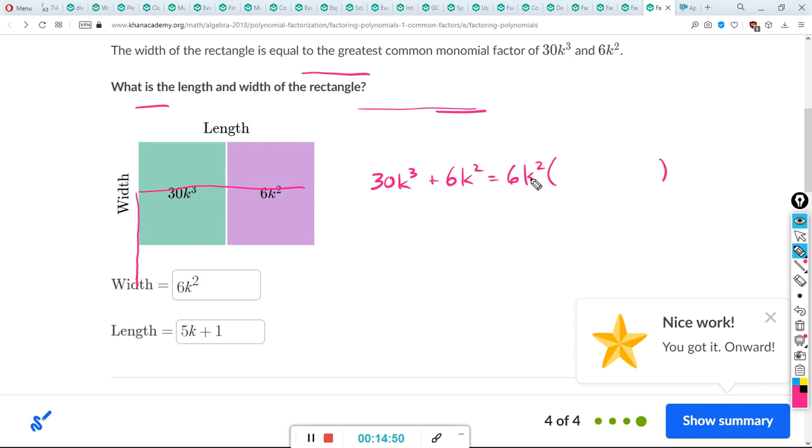And you'll say 6k squared times what will give me 30k to the third? Well, that's going to be a 5k, because 6 times 5 is 30, and k squared times k is k to the third. And you can also say 6k squared times what will give me 6k squared? Well, of course, that's just 1, because 6k squared times 1 is 6k squared.